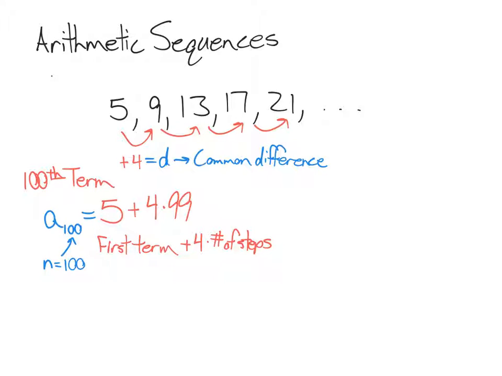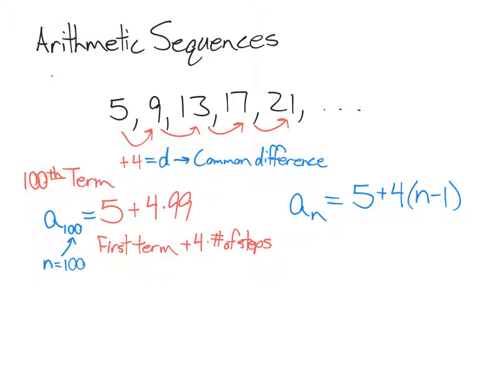And that's why we could write any term A sub n, that's how we would read that, as the first term 5 plus the common difference 4 times, not n, to get to the nth term, you have to take n minus 1 steps, because you're starting at 1. So it'd be 4 times n minus 1.